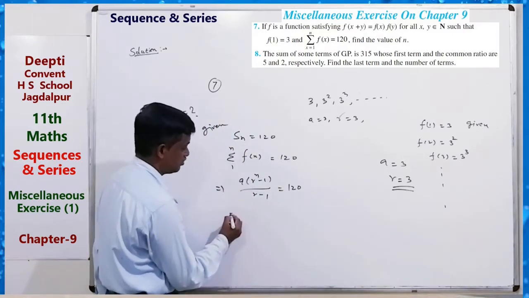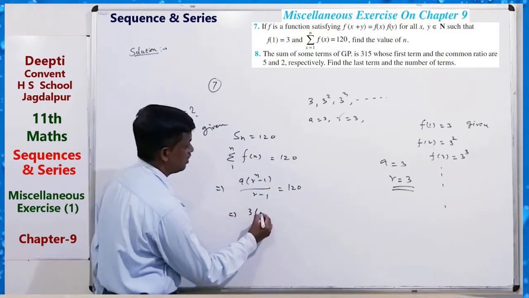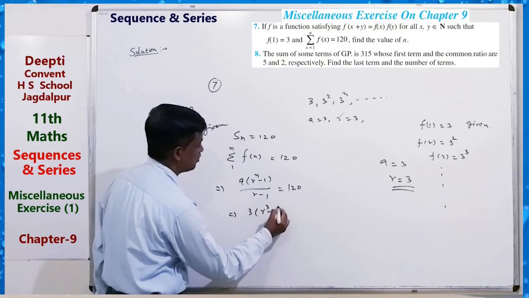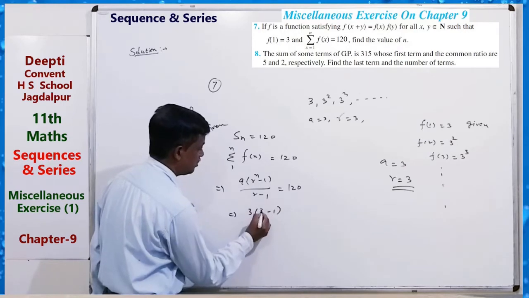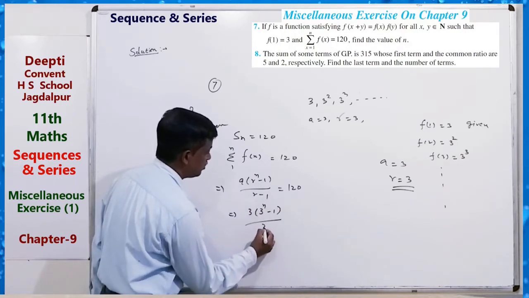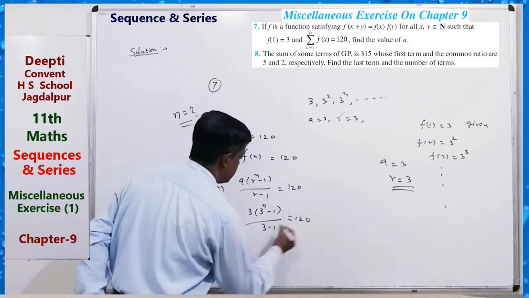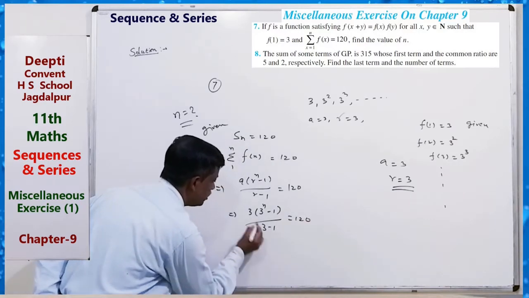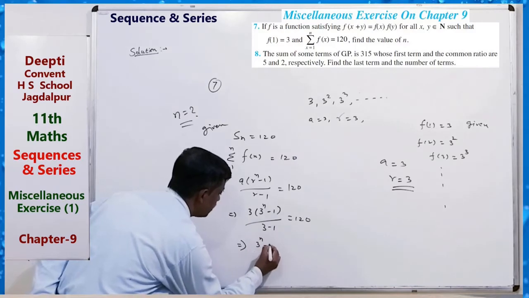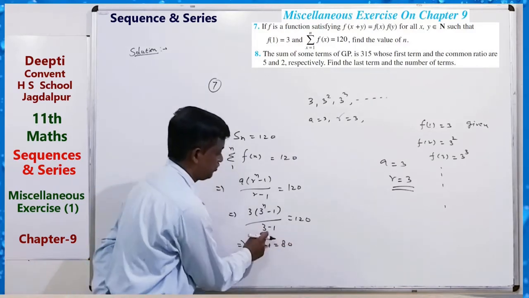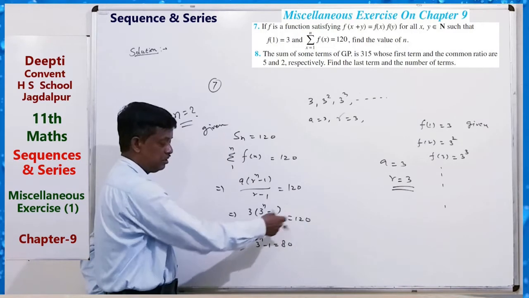From here we can solve. 3 into (3 to the power n minus 1) upon (3 minus 1) equals 120. 3 minus 1 is 2; 120 into 2 over 3 is 80. So 3 to the power n minus 1 equals 80.